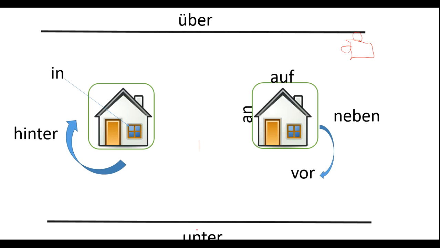Let's see one more example. That is about zwischen, between. Between these two, that is zwischen. Suppose in this: if something is inside, then it is in. If something is touching here, auf. Touching here, an.